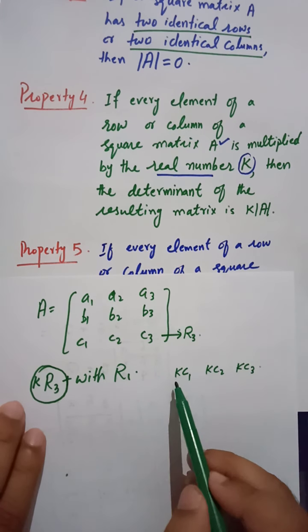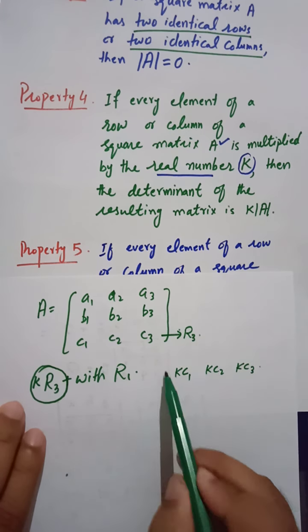And then I am adding this third row with the first row. So matrix B will become A1 plus kC1, A2 plus kC2, A3 plus kC3, B1, B2, B3, C1, C2, C3.